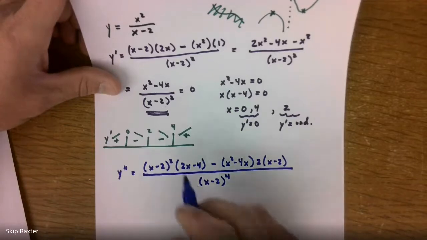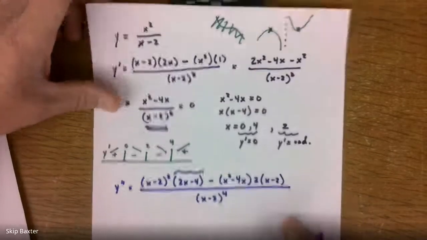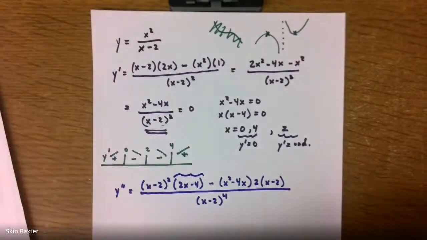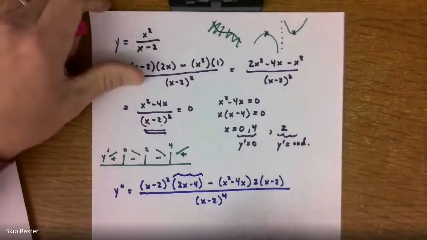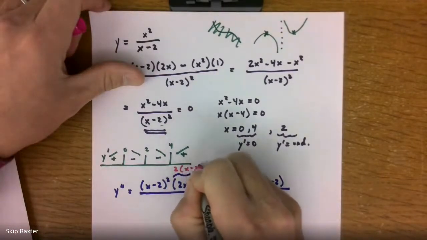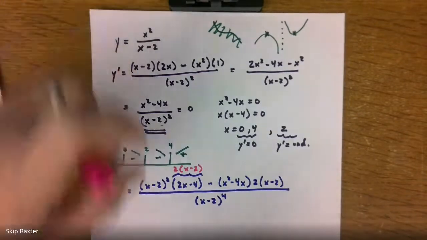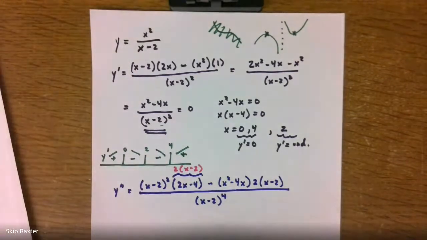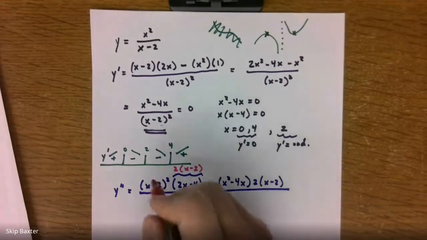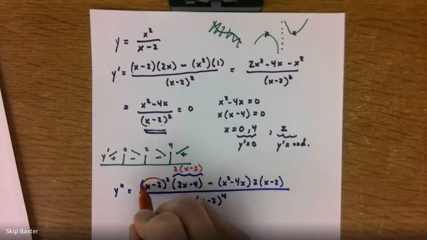Look, I can factor this piece of it right here. This piece factors as 2 times x minus 2. How's that helpful? Because now I can see there are common factors. I can see there's an x minus 2 right here.